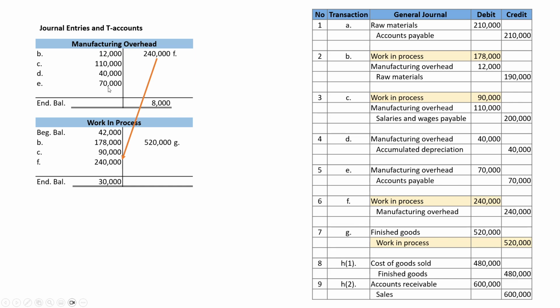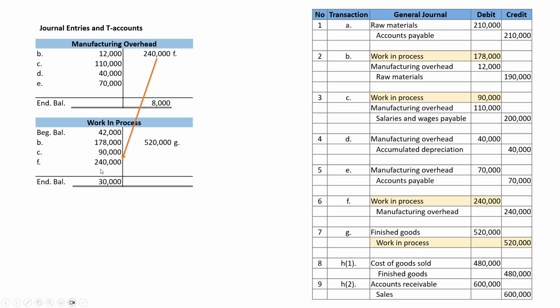Keep in mind all those manufacturing overhead costs first get accumulated within manufacturing overhead as indirect cost, but eventually get applied to work in process based upon an estimate, that predetermined overhead rate. We have some other increases to work in process here beyond applying our overhead. Remember, 3 different manufacturing costs.